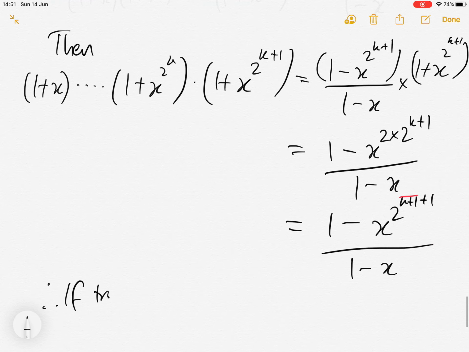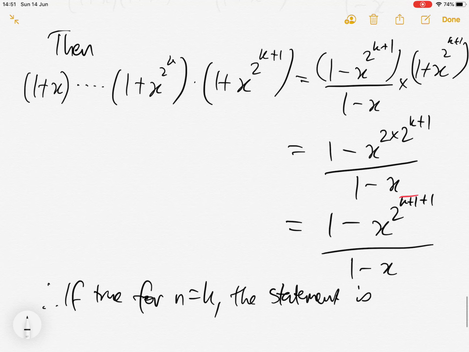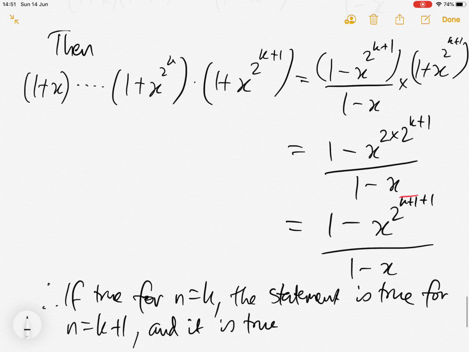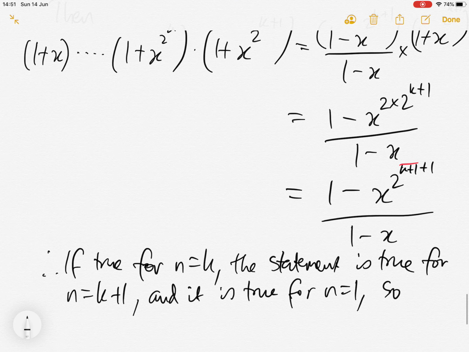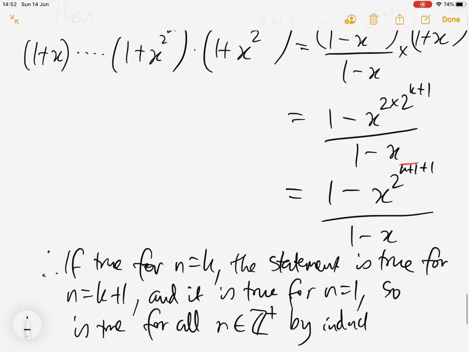Therefore, if true for n equals k, the statement is true for n equals k plus 1, and it is true for n equals 1, so it is true for all n in Z plus by induction. End of proof. And we're done.